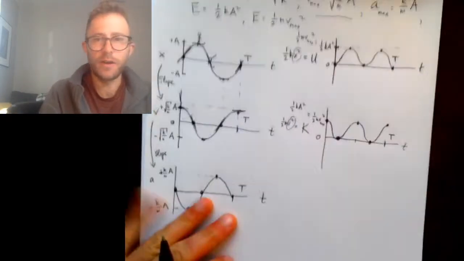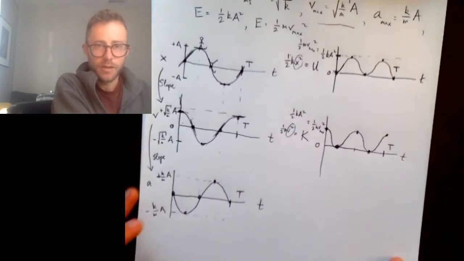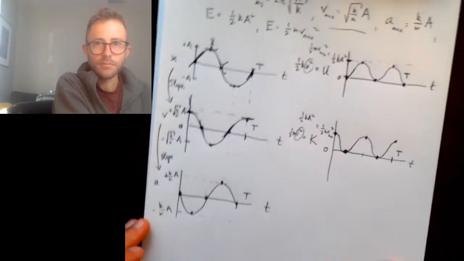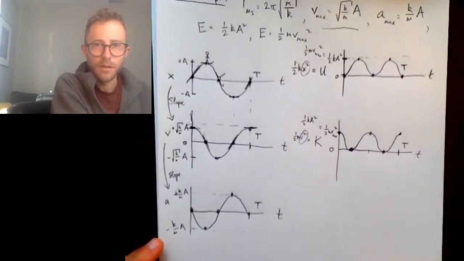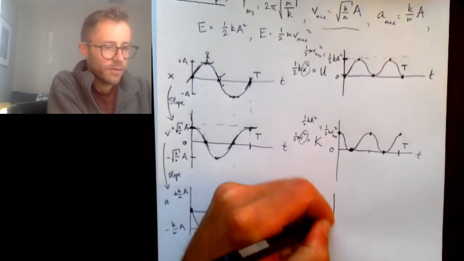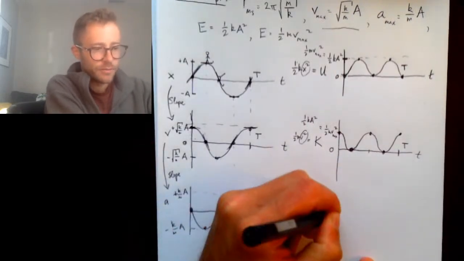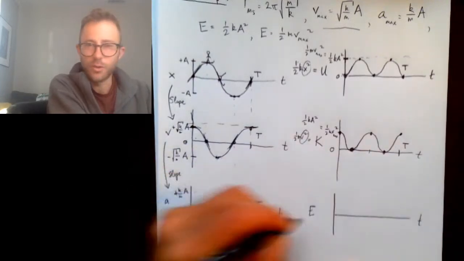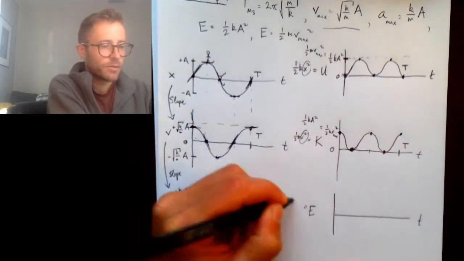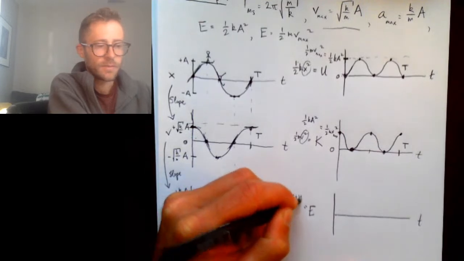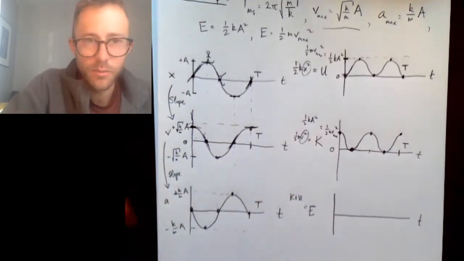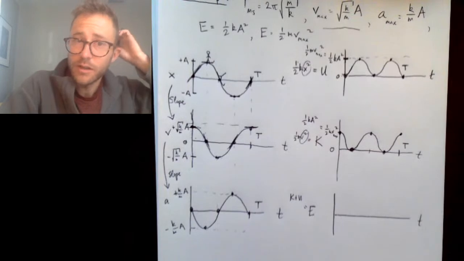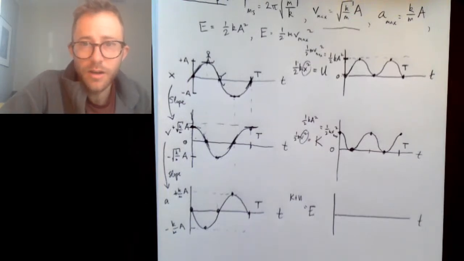So the final graph that we are going to make is a graph of the total energy versus time. Total energy. So the total energy is kinetic plus potential. Okay, and we can figure out what this graph should look like in a number of different ways.